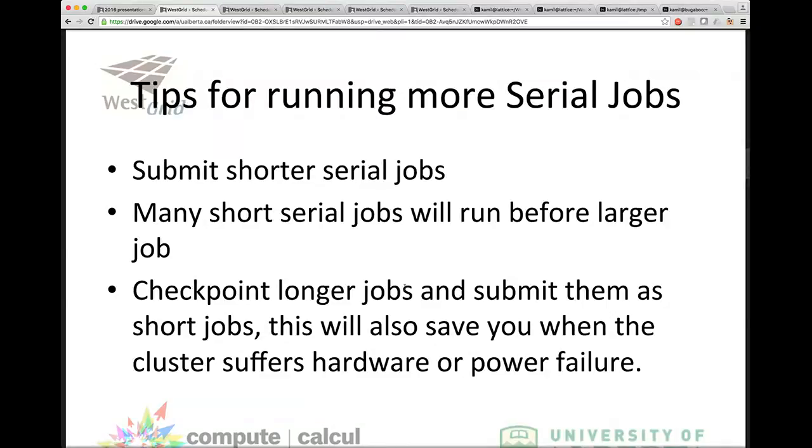This backing up of your job will also save you if the cluster suffers hardware or a power failure. Also, it's possible that you want basically 3 months of runtime. There's a good chance that the cluster will fail, even on the single machine in WestGrid that will actually allow you to run for that long, which is the bugaboo. Different clusters have a different maximum wall time.